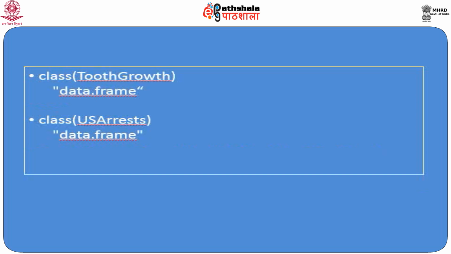We can go on experimenting with the number of data frames that R gives us, like ToothGrowth and USArrests data sets. Use the class function for this experimentation for knowing the data types of these sets.